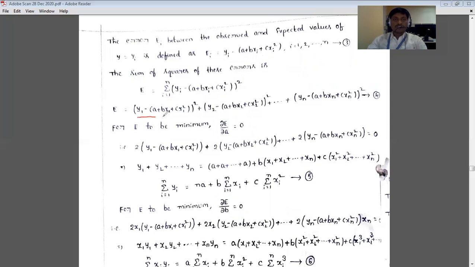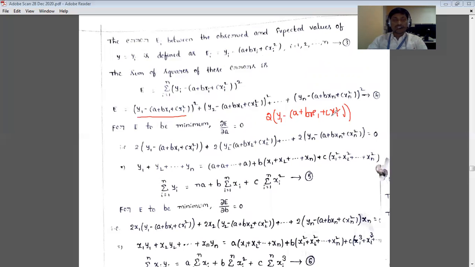With respect to a, this entire term we can treat as a square, so we write 2 into y1 minus (a plus bx1 plus cx1 square), whole power 2 minus 1.